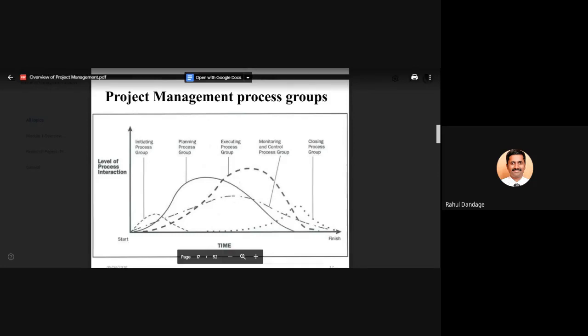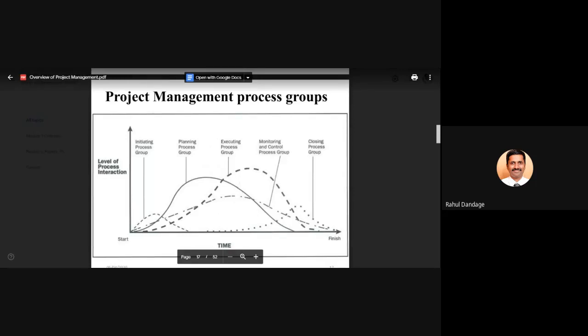At the intermediate phase the level of process interactions is more; initially they are less, and finally they are less. But these activities are distributed over the entire lifespan of your project, from the start point up to the finishing point.